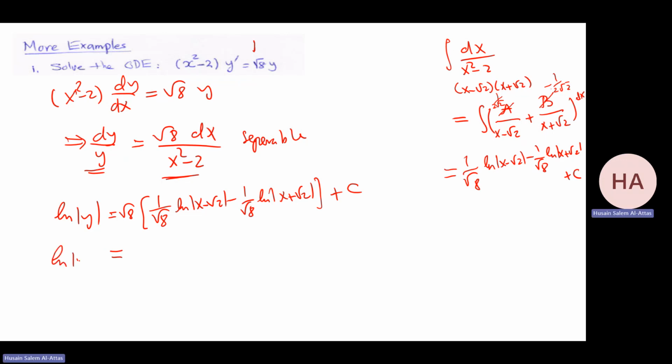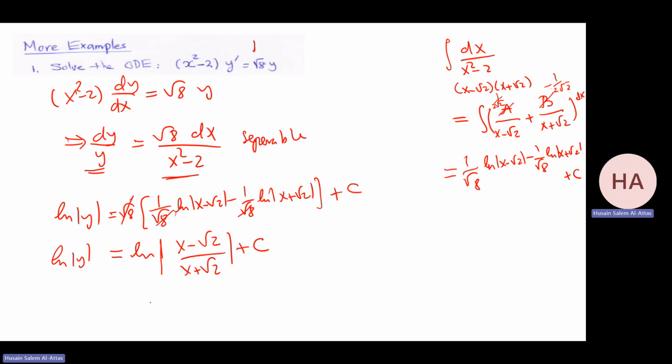So then absolute value of y will be absolute value x minus square root of 2. This cancelled, so I have the difference, which is then this over this plus c.